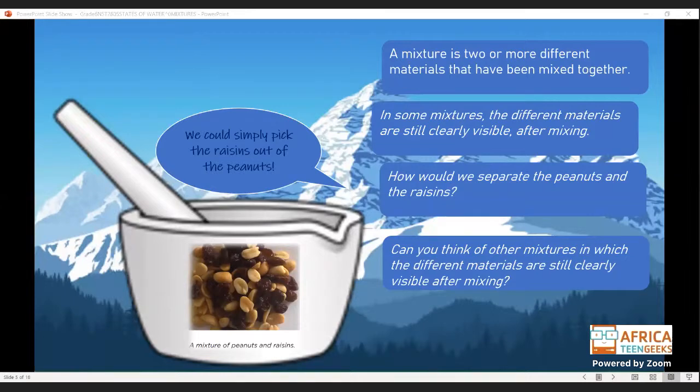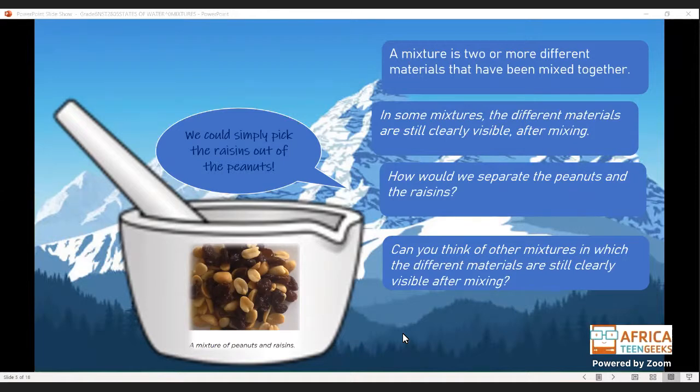But in the image that I've shown you, can you see what we've mixed there? So we've got a nice mixture there of yummy, yummy peanuts and raisins. Now they are mixed.